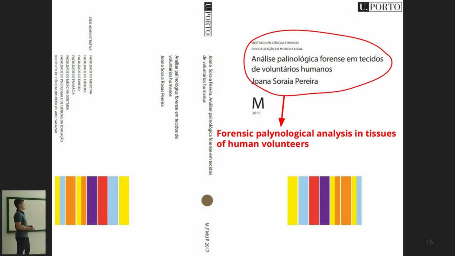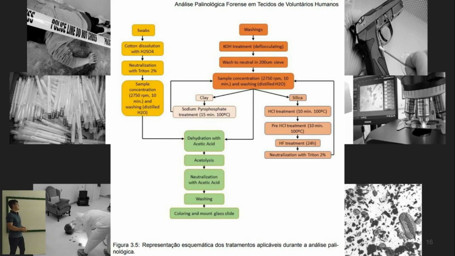I'm showing here a master thesis from the University of Porto, and the title is Forensic Palynological Analysis in Tissues of Human Volunteers. Just to show you that the steps are so many, this is so hard to do. Here we have the swabs, and after the collection of swabs, we have the color dissolution.